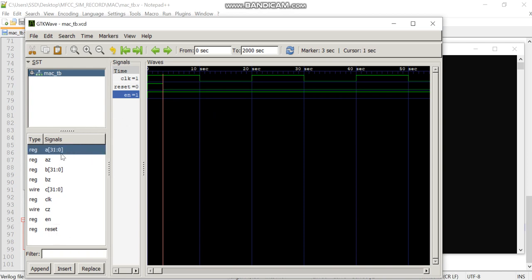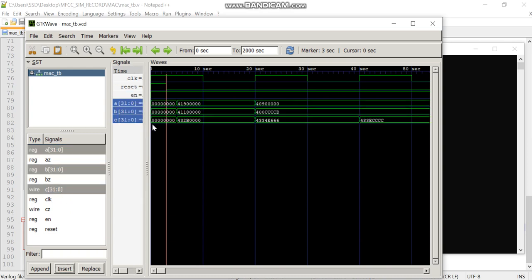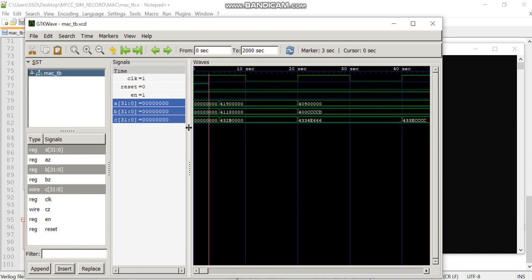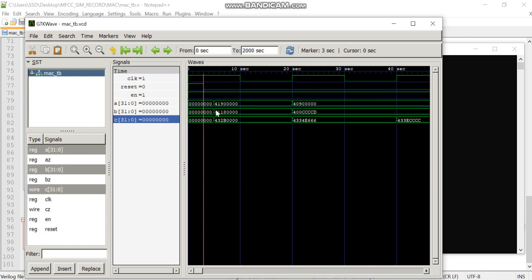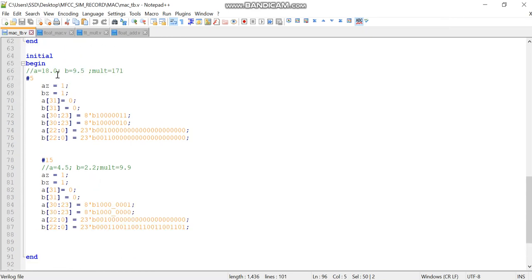Coming to the inputs, A and B are inputs and C is the output. So initially our inputs A and B are 0 and 0. Output is also 0. And then the inputs are given as 18 and 9.5.